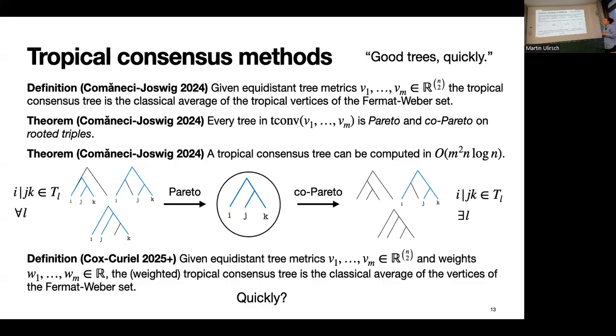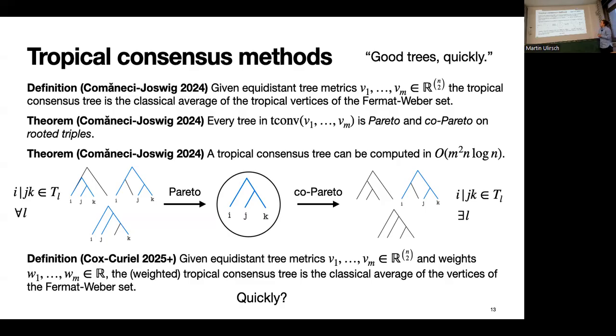Okay. So everything that I just said will work for any kind of data in the tropical projective torus. It doesn't need to be tree data, but since the Fermat-Weber points are in the tropical convex hull, it gives this nice application to phylogenetics. And again, everything we did here was inspired by the approach of Comaneci and Josvig.